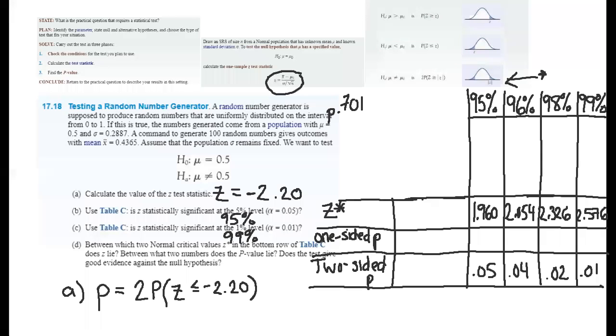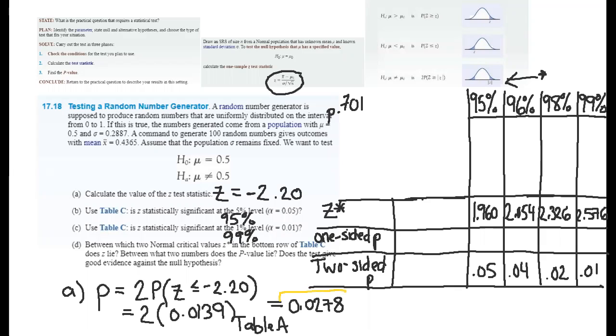When we look this up, we get an area of 0.0139 from our table A. I got that from table A. When we multiply this times 2, we find that we have a p-score of 0.0278.